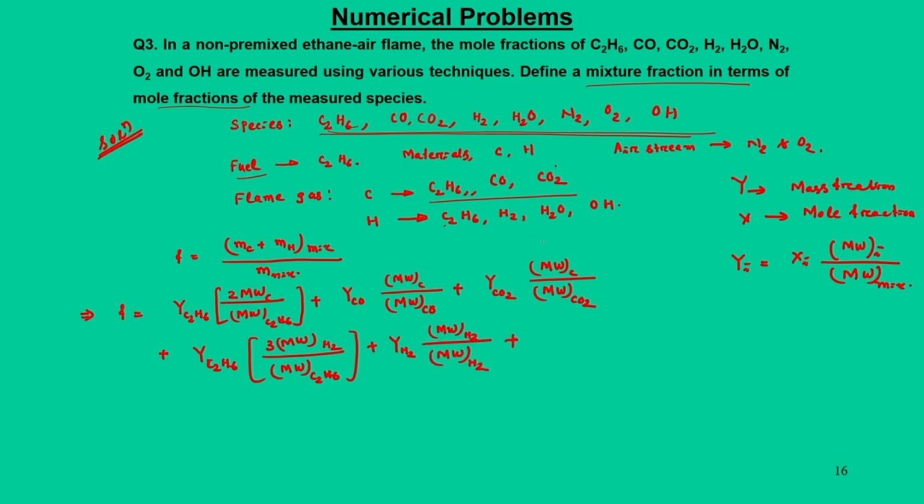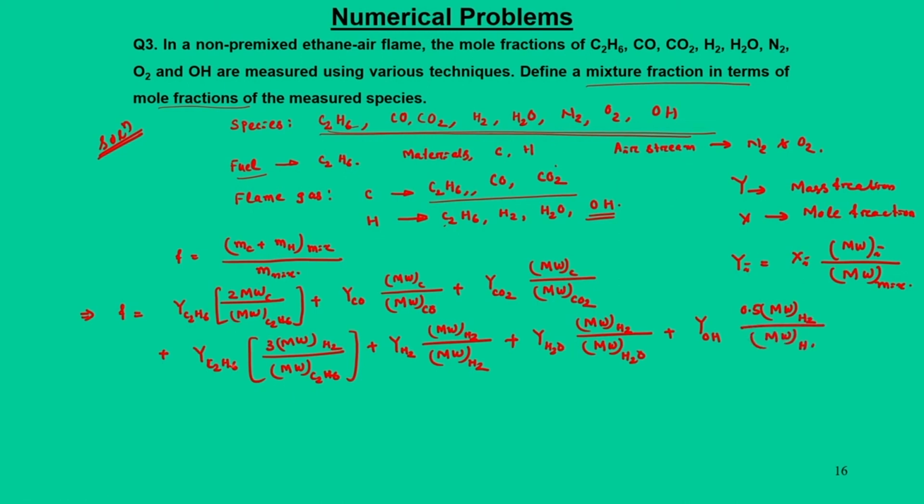Then H2O: Y H2O times molecular weight of H2 divided by molecular weight of H2O. Then OH, here half a mole: Y OH plus 0.5 molecular weight of H2 divided by molecular weight of OH.